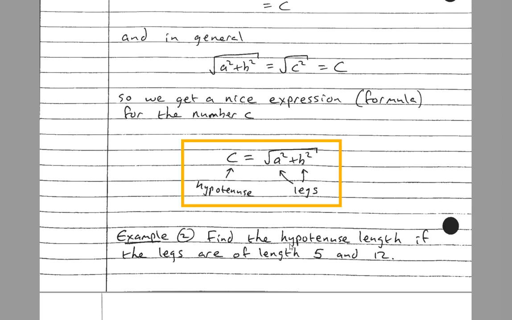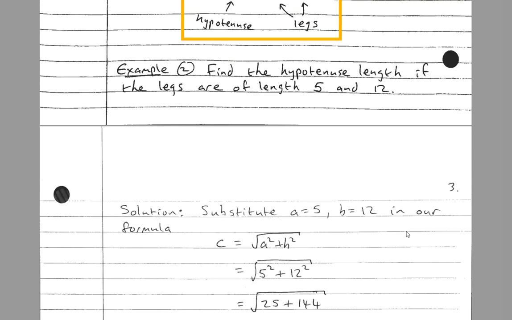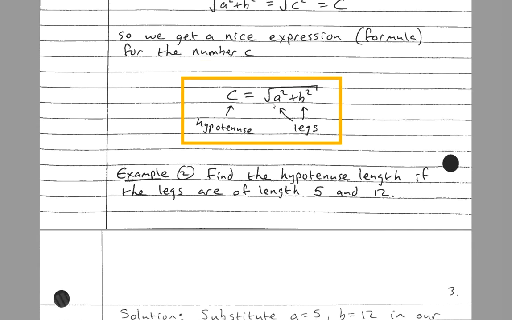Example 2: find the hypotenuse length if the legs are of length 5 and 12. It's just a direct application of this formula, putting in 5 for A and 12 for B, the two legs, and we're looking for C, the hypotenuse.